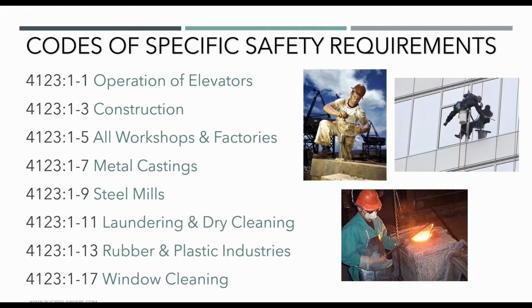The catch-all code is 5, dealing with workshops and factories. But if you're running a steel mill, you need to be aware of code 9, because that code would have specific safety requirements dealing with the type of machinery, the type of equipment involved in manufacturing steel.